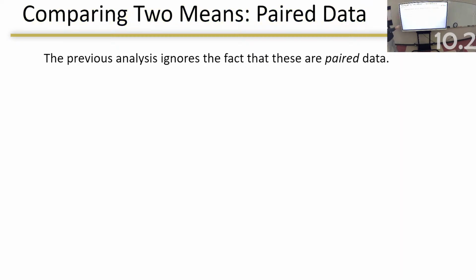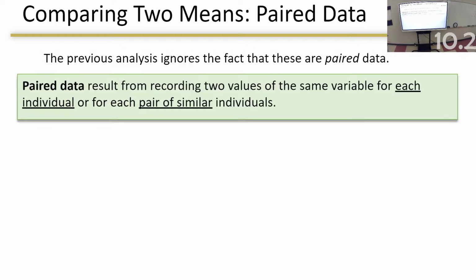The previous analyst ignores the fact that these are paired data. Paired data results from recording two values from each individual. That's not what happened here. You'll see one of these examples in just a second.